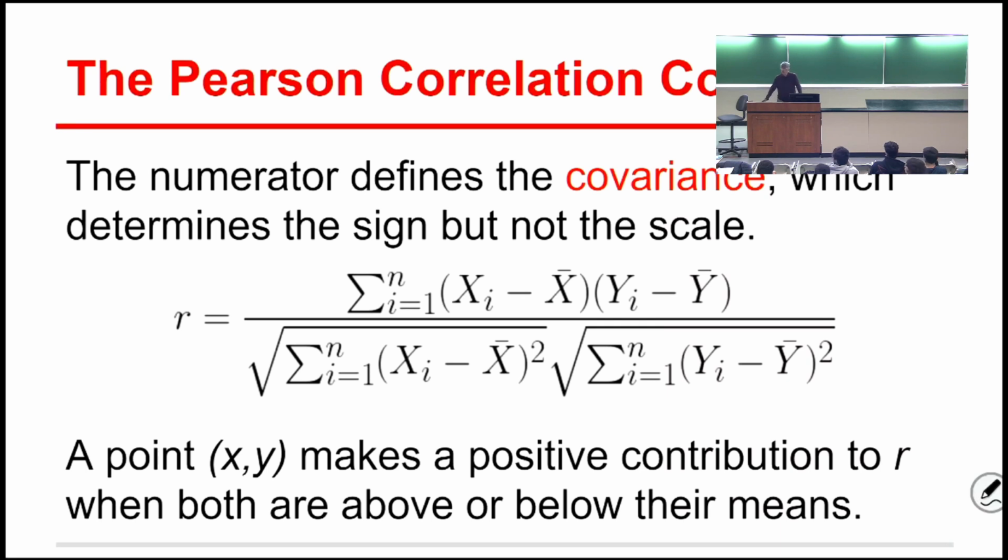Yes? You said that the correlation coefficient will be closer to 0 if x and y are not related, right? Can you repeat that? Why is it? Okay, so let's think about it. If you're adding a bunch of numbers together and you want the sum to be 0, how do you do it?